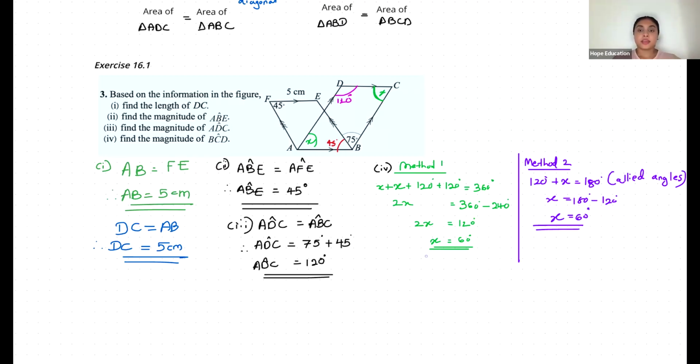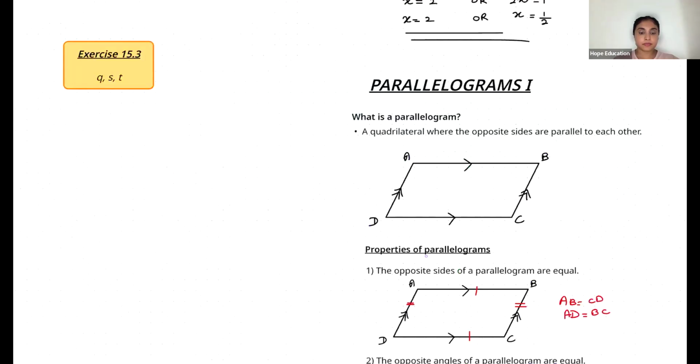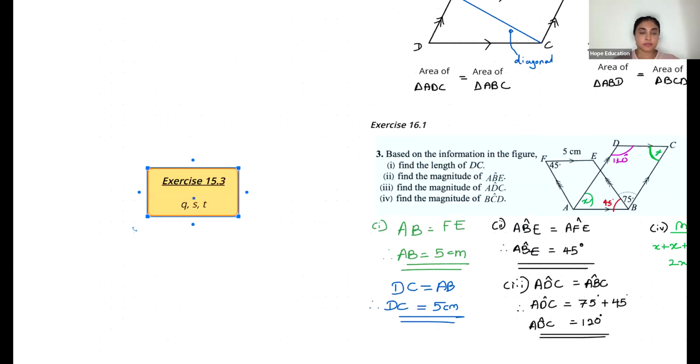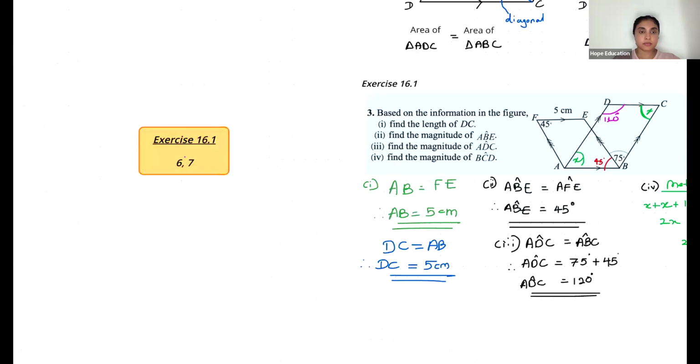Now, can you mark for homework question number 6 and 7? 16.1, question number 6 and 7. All right, so that is the homework.